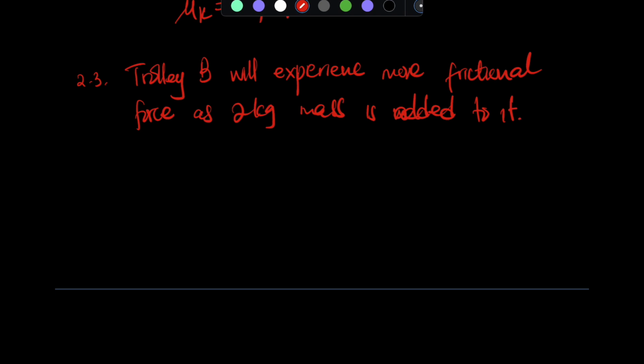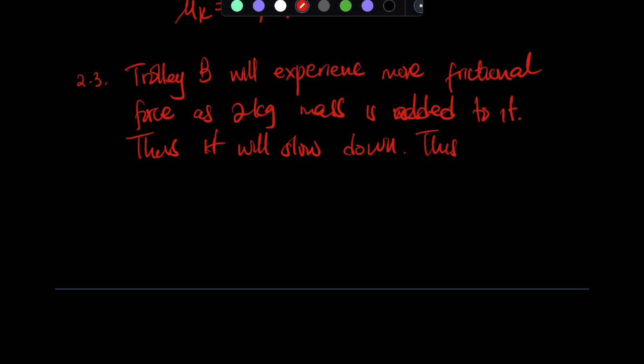There will be more frictional force there that will be added. And then you say, thus it will slow down. It will slow down, right?